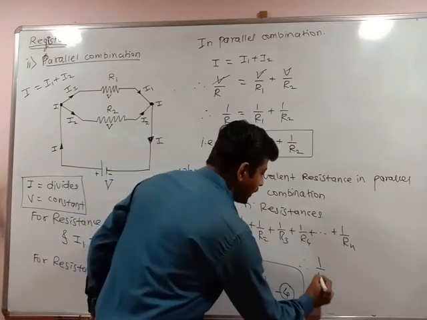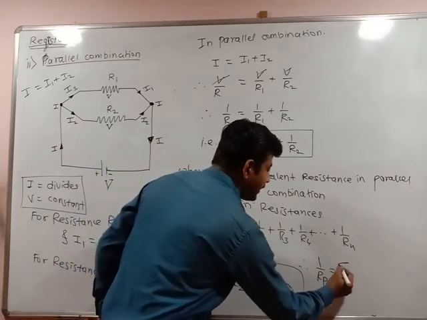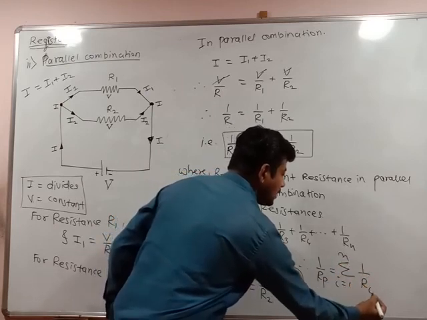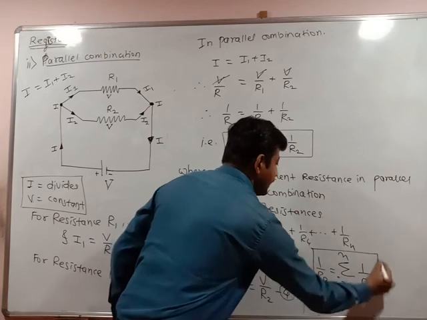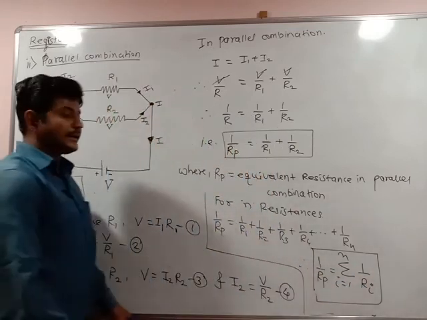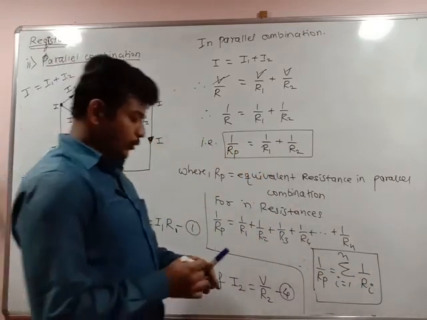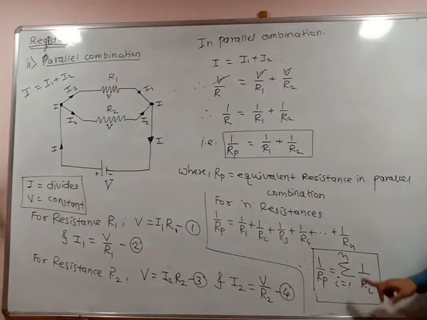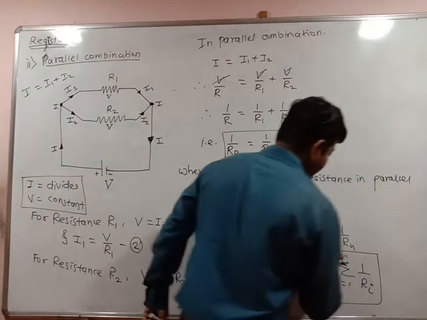Therefore 1 upon Rp can be written as the summation, i goes from 1 to n, of 1 upon Ri. Equivalent resistance in a parallel combination for n resistances is 1 upon Rp equal to the summation, i goes from 1 to n, of 1 upon Ri.